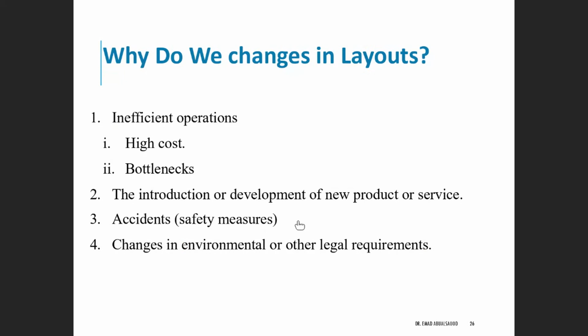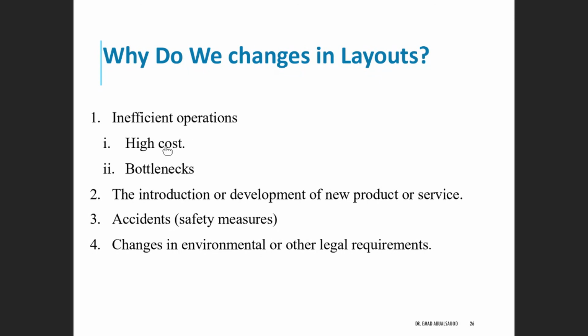A last thing: why do we make changes in the layout? Sometimes there are insufficient operations, so you have to reorder or redesign it to be more efficient, with high performance.